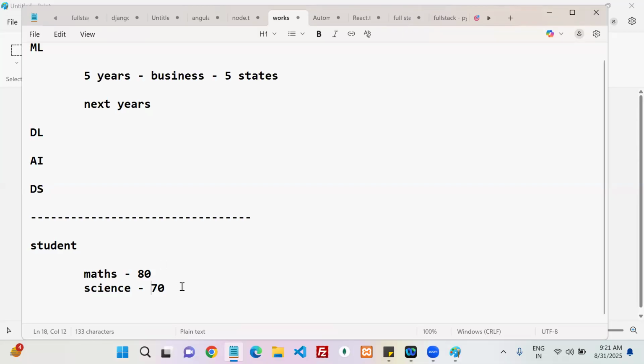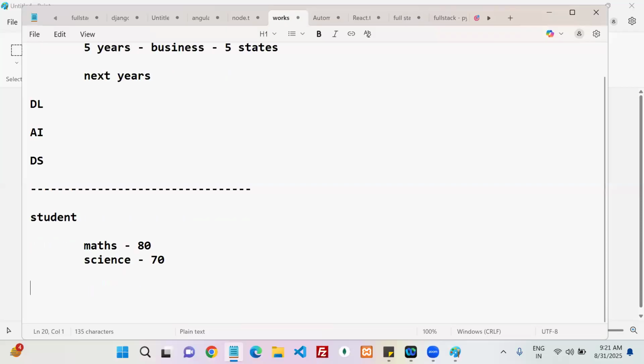Now if you want to represent this data, simply how can we represent it? I can represent it as one vector, something like this: one column with two rows. Yes or no? One column with two rows. For a matrix, how does it look? You can put some square brackets.